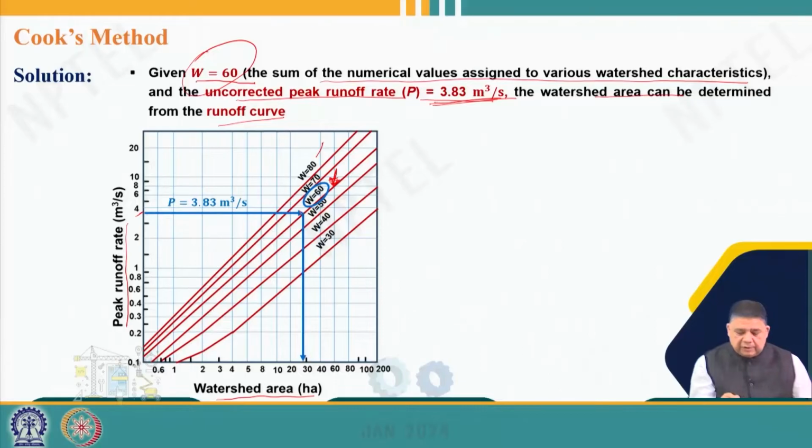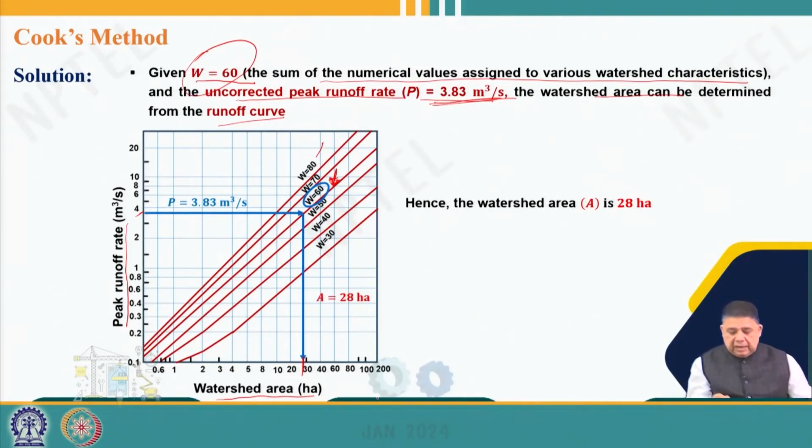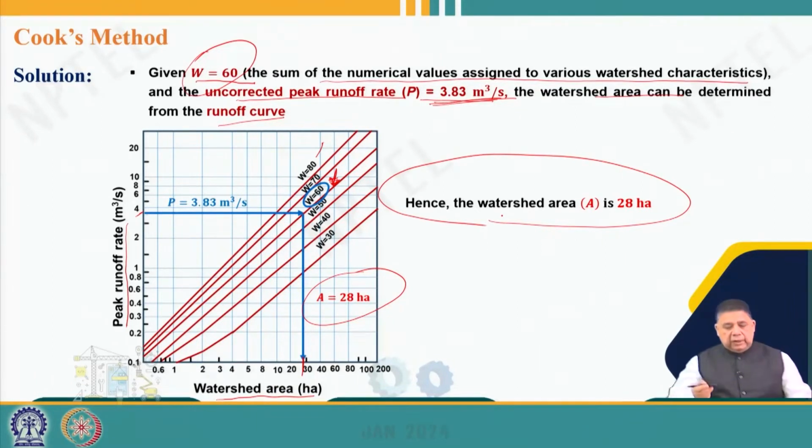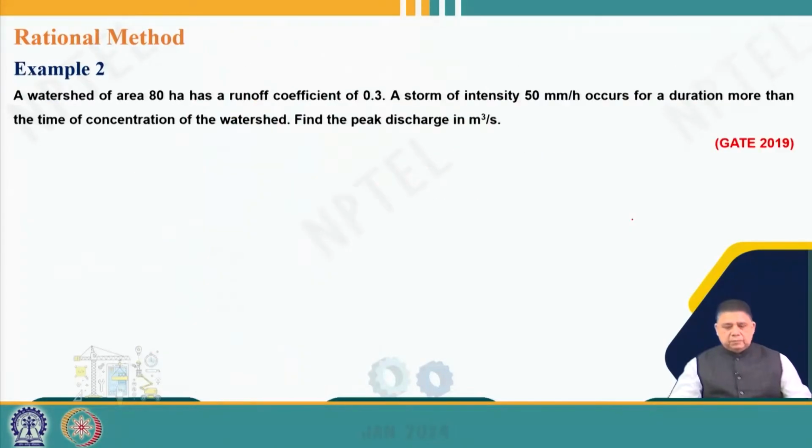If we draw a horizontal line from 3.83 cutting the W equals 60 curve and then draw a vertical line, we can read the watershed area for the given data. The watershed area from the curve comes out to be 28 hectares, which is the area of the watershed for which we have been given the data including the peak runoff rate estimated by Cook's method.